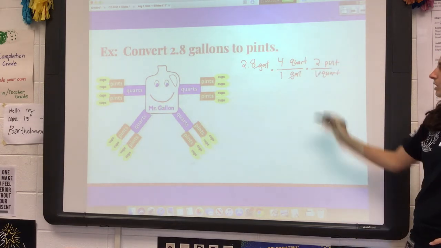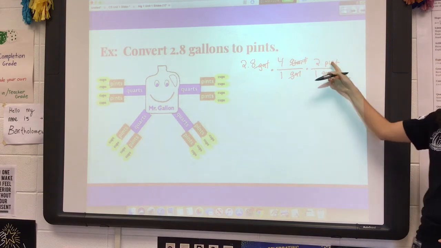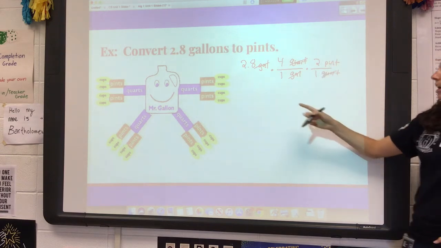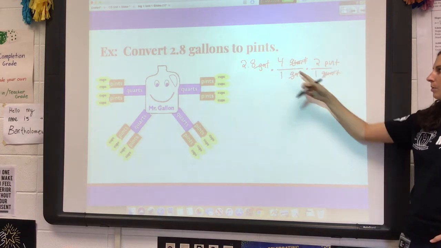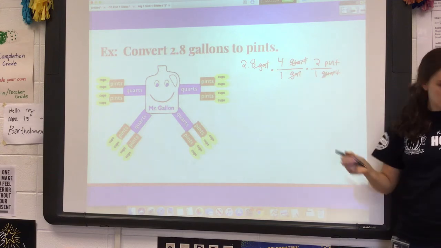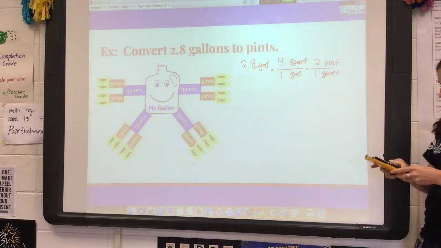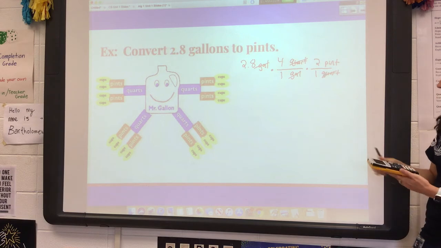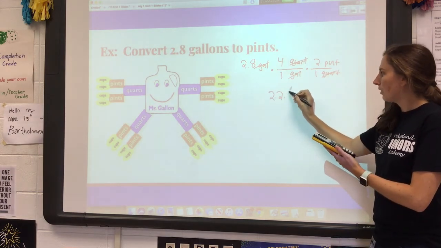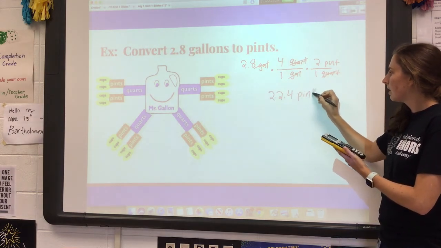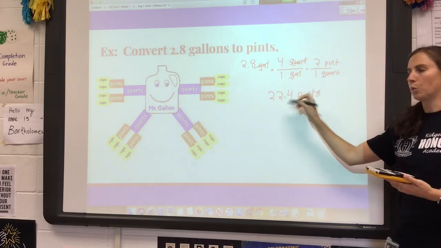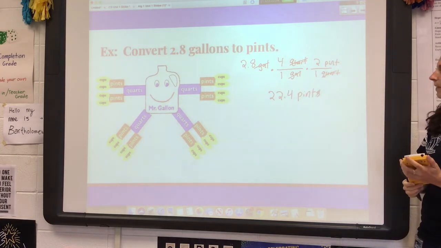So again, once you've got to where you want to go, in this case pints, multiply across the top, multiply across the bottom. So when I multiply across the top, I get 22.4 pints. And then 1 times 1 is just 1, so we can leave it there.